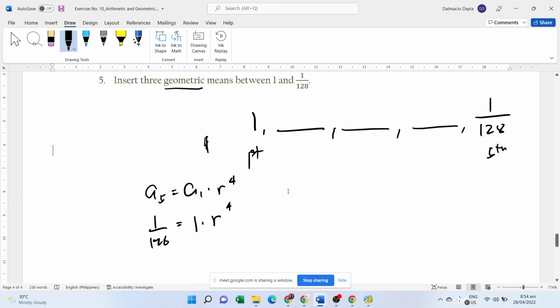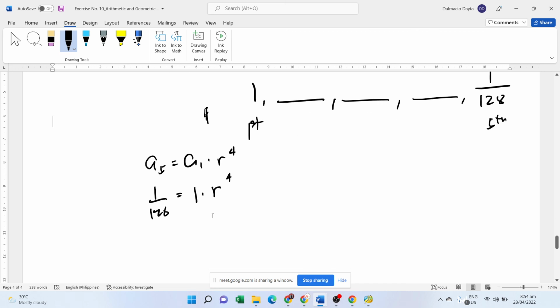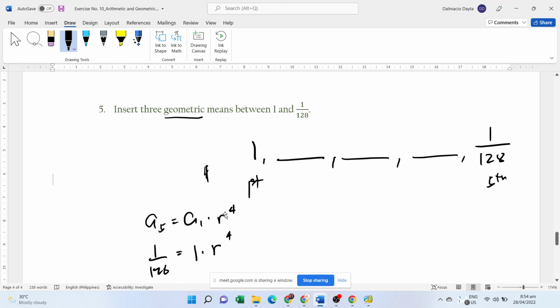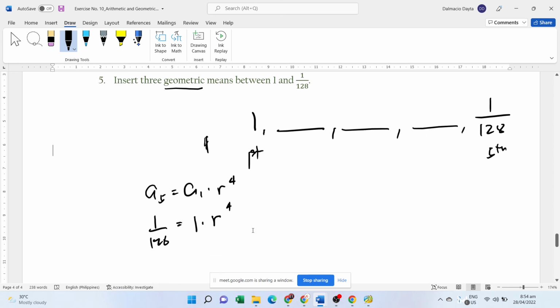Now, we're going to get the fourth root of both sides, because we have r raised to 4. 1 times r raised to 4 is simply r raised to 4. Then we have, mali ako.